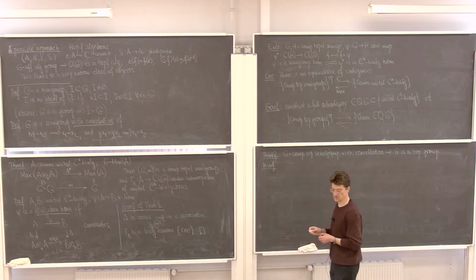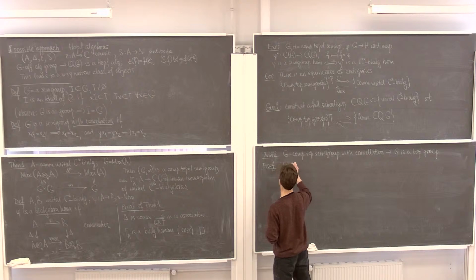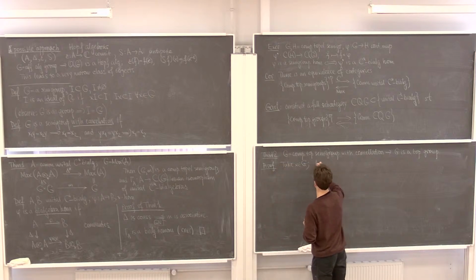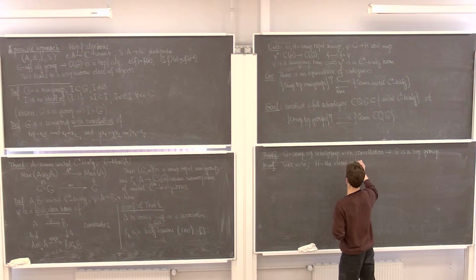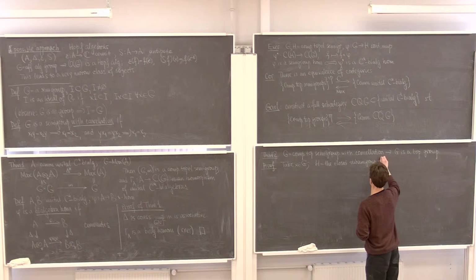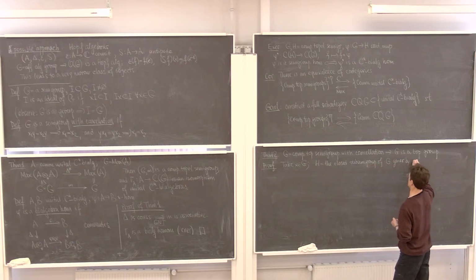Well, to prove this result, we take an arbitrary element, little x, in G, and let H denote the closed sub-semigroup of G generated by x.